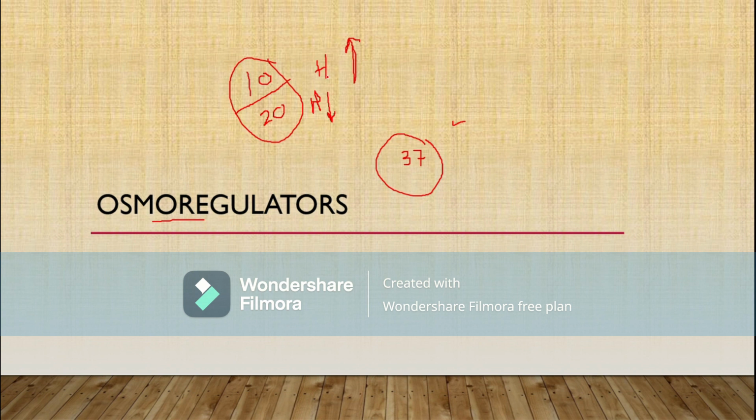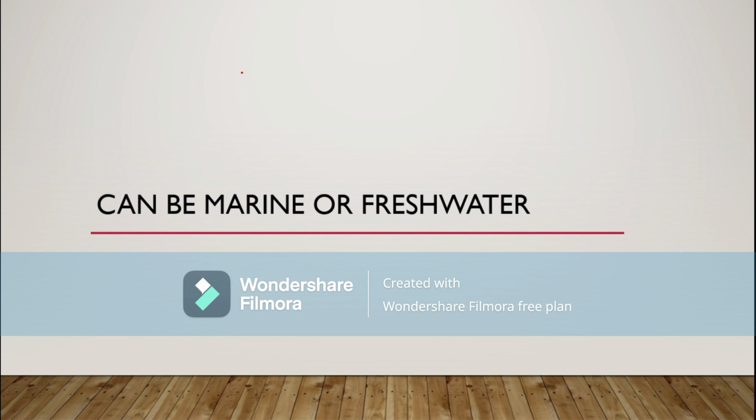But in both cases, that organism has to maintain or regulate this specific amount in its body. So, osmoregulators can be marine or freshwater. They can live in the marine environment or in the freshwater environment. But they have some adaptations or regulations in order to live in that specific environment.